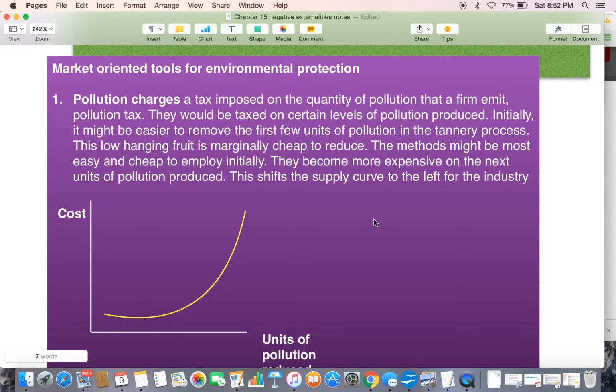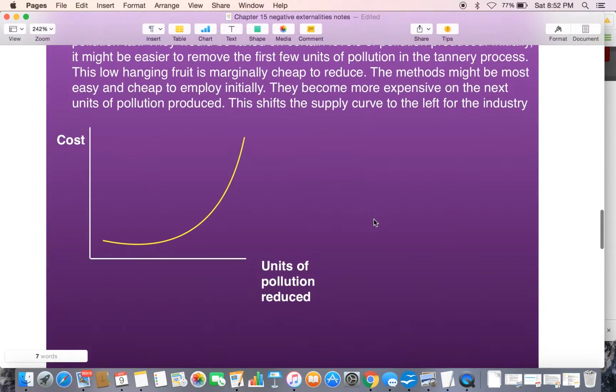Therefore, you're going to reduce the pollution for which the cost to reduce it marginally is less than the tax. So what we see happening is, if we look at more and more units of pollution being produced, it looks kind of like our marginal cost curve from looking at firms in perfect competition or monopoly, right? The cost is generally increasing as we increase units of pollution.